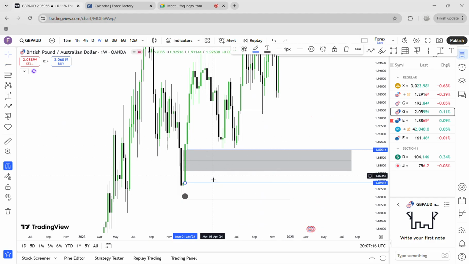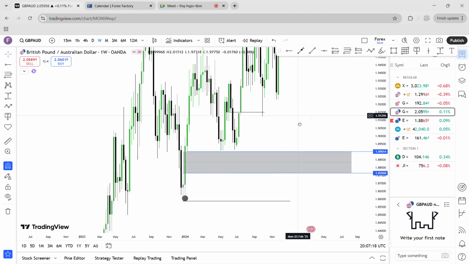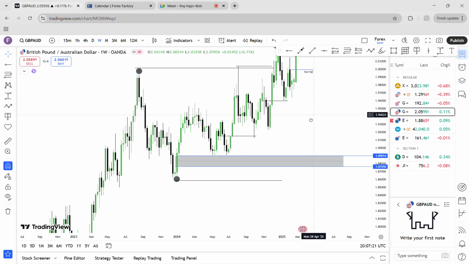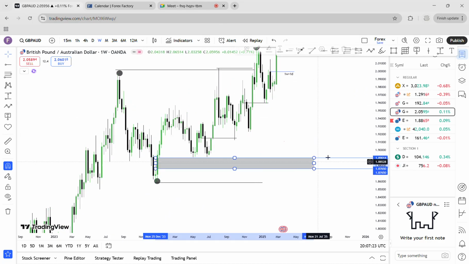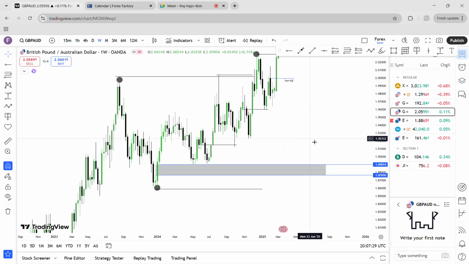So mitigated and rebalanced, that's all the same, or no? Mitigated is like when price came into something, price hasn't come here. But rebalance is basically this inefficiency, the gap. Price needs to come back in there, because there are still orders.